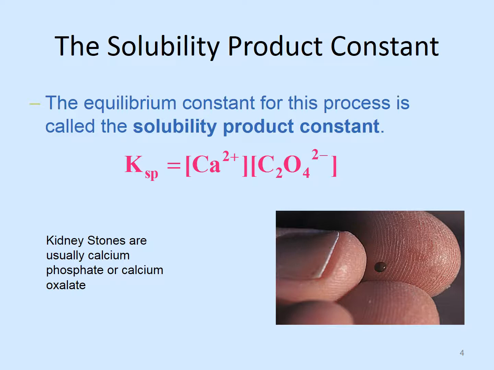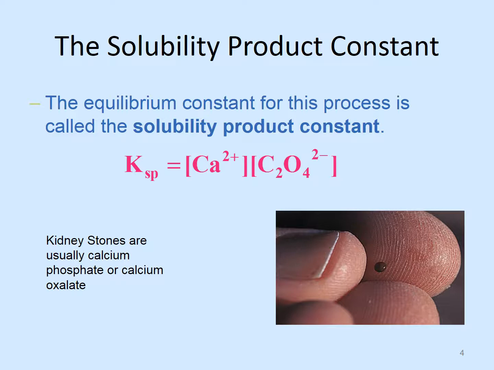And remember that we don't include solids in our equilibrium expression. So the K value is the products just multiplied, raised to their coefficient. And they're equal to a K value, and now we're going to call it Ksp because the sp stands for solubility product.